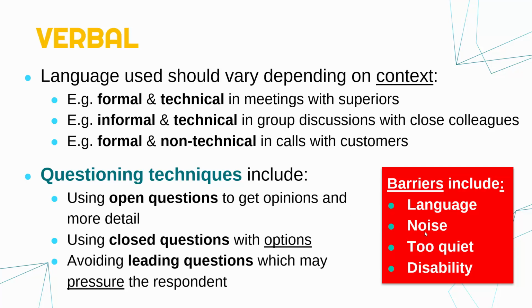If it's really noisy, you can't hear somebody, or if they're just quite quiet, if the microphone isn't working, something like that, that's not helpful. And also disabilities might affect understanding. If somebody is deaf, in quite an extreme example, they obviously can't hear you, but other, for example, learning difficulties might affect somebody's understanding. You might have to adapt your verbal communication.